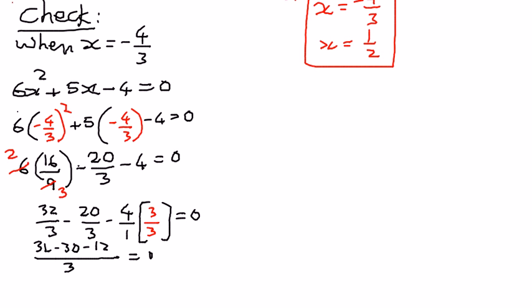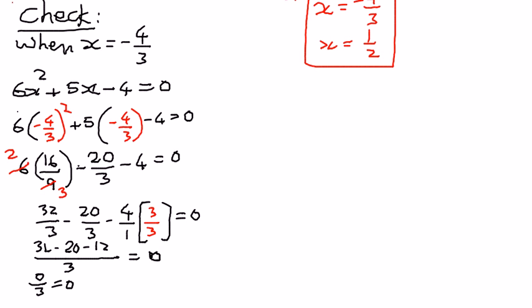So in here we needed to correct something. This should be 32 minus 20 minus 12 divided by 3 is equal to 0. So 32 minus 20 is positive 12. Positive 12 minus 12 will be 0. 0 divided by 3 will be equal to 0.